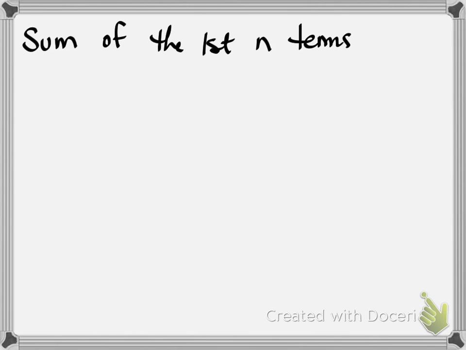So lastly, we've got the formula for the sum of the first n terms of a geometric sequence. Just like we had the formula for the sum of the first n terms of the arithmetic sequence, when I was talking to you about little Carl.